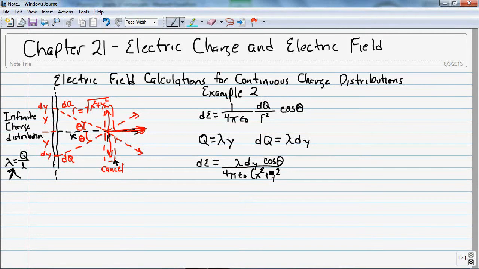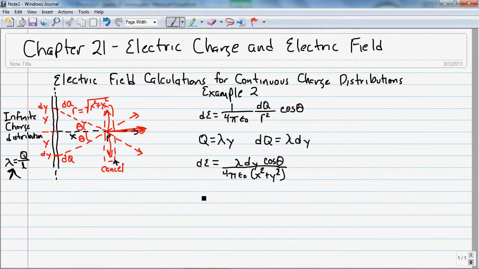Okay, so now I have to figure out what are constants and what are not constants. Well, lambda is a constant, 4 pi epsilon naught is a constant. I have the dy, and a y in the denominator, and cosine theta is actually dependent upon y in a way. So I can't get rid of this. I can't consider this a constant.